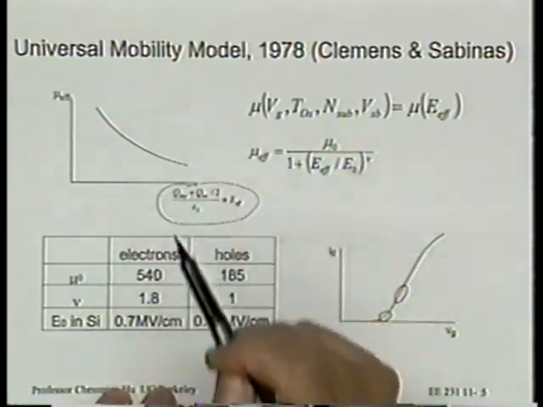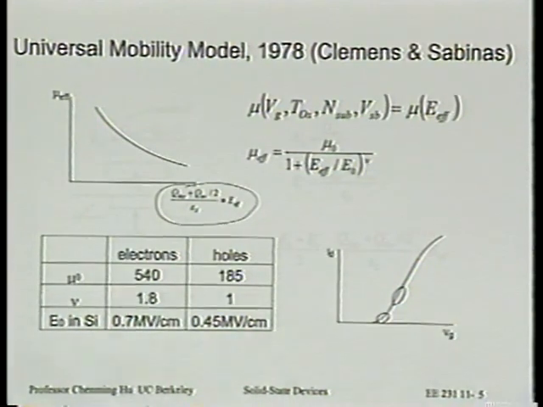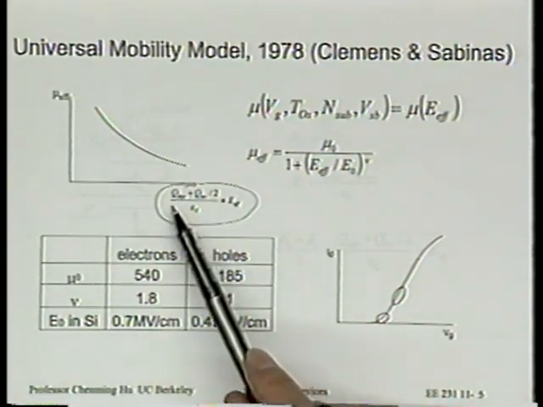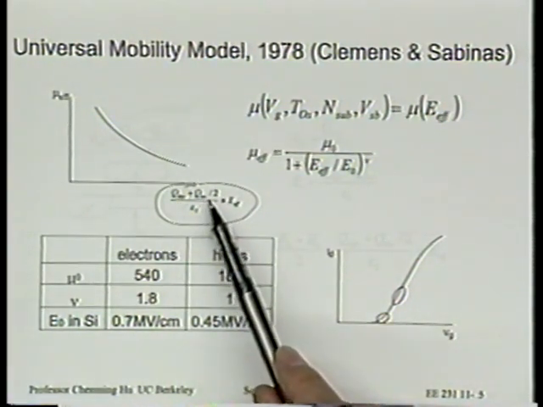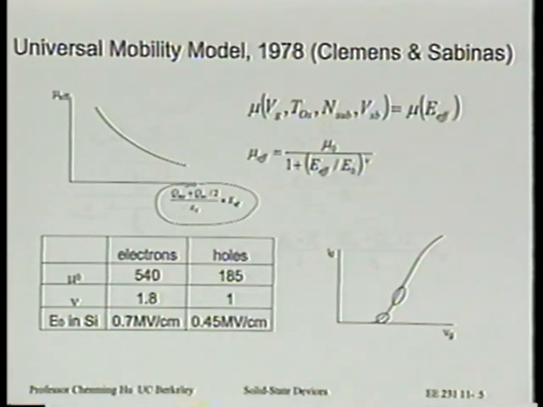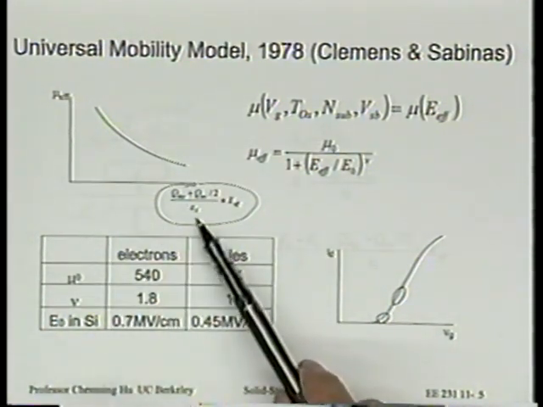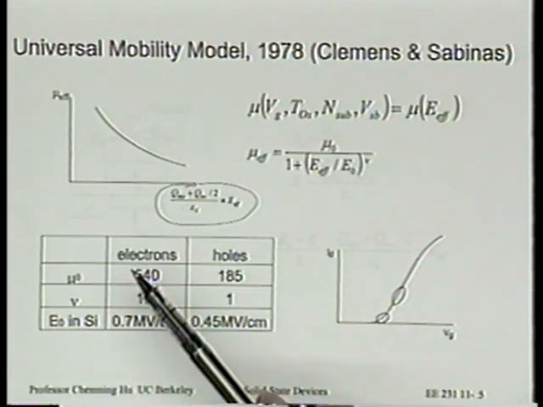Let's look at this. E effective is defined as the depletion charge plus half of the inversion charge, divided by epsilon. Whether it's epsilon s or epsilon ox is not important, just a factor of 3 difference, although it's defined with epsilon s in the literature.